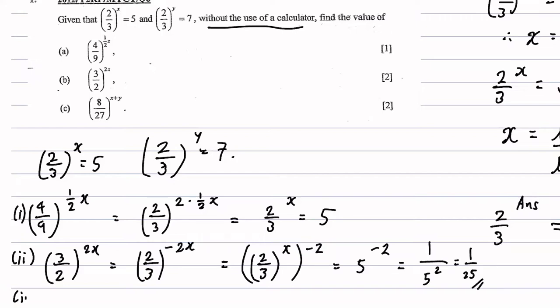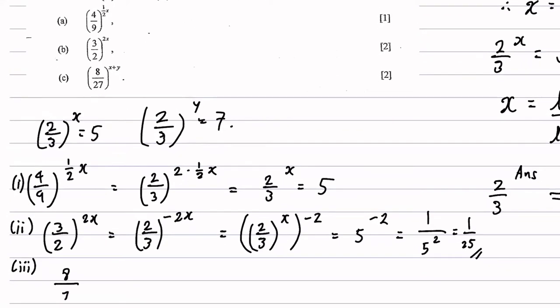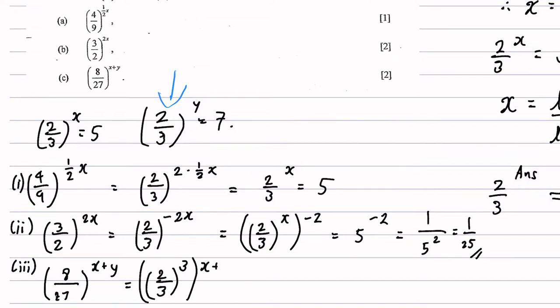Very good. Then part 3, let's go. Part 3 is (8/27)^(x+y). Anything familiar about 8 and 27? This one cube. What cube? 2/3. Correct. (2/3) cubed first, then to the power of x plus y. Not just y on its own, not just x on its own, it's x plus y.